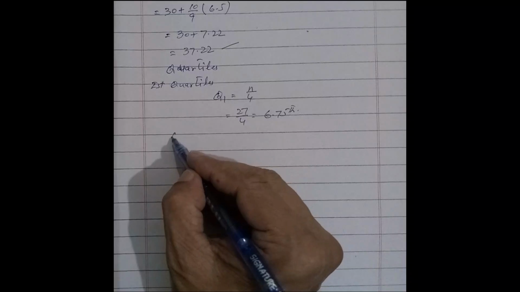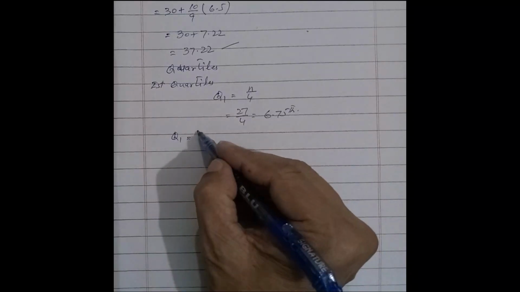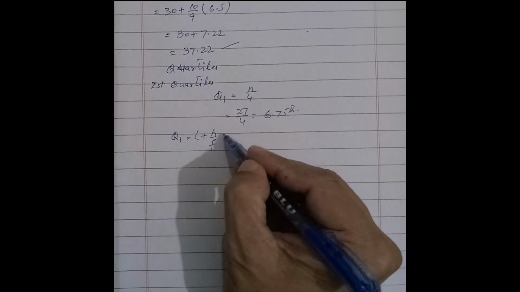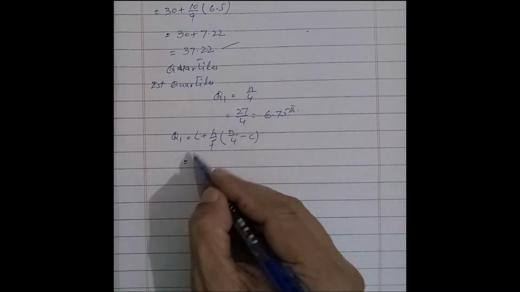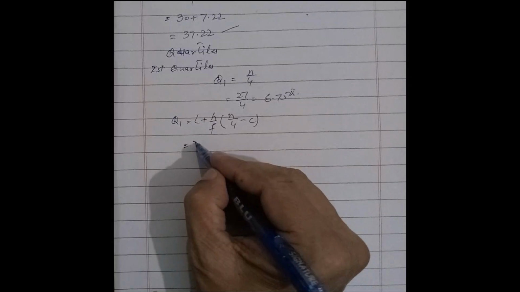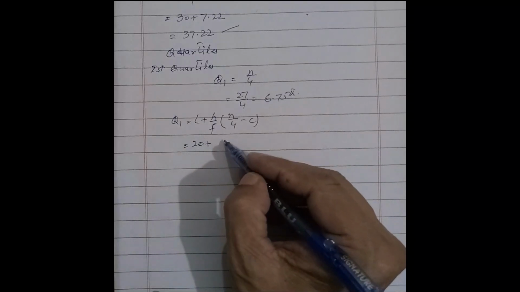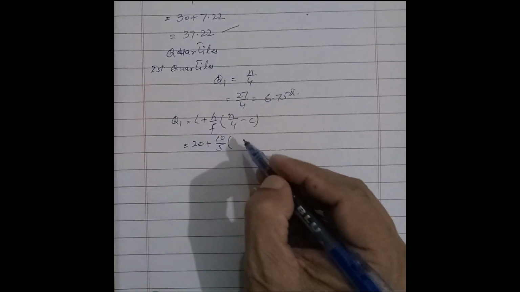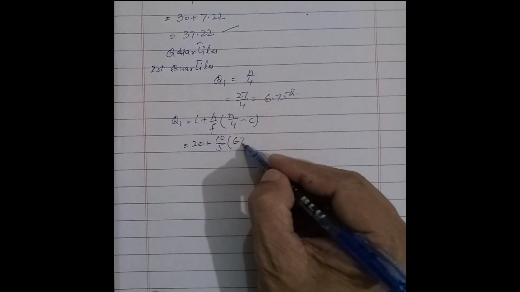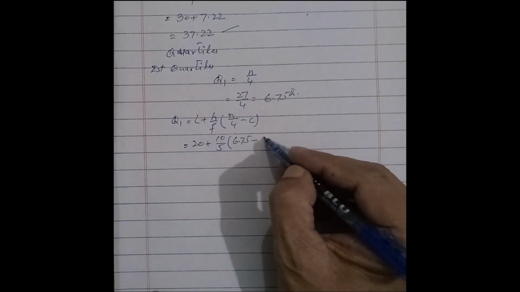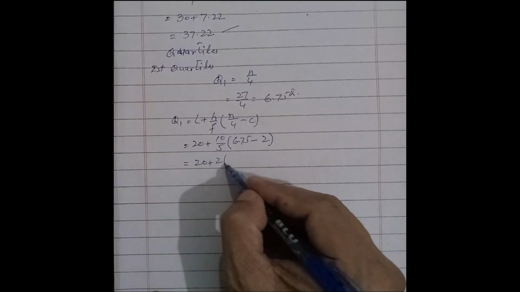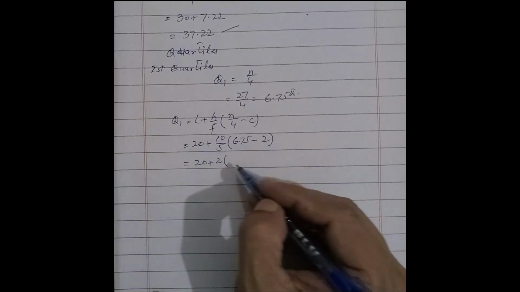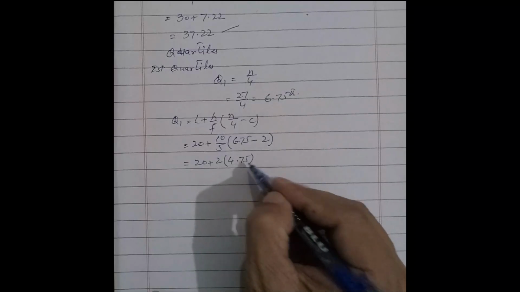The formula is Q1 is equal to L plus H over F into n over 4 minus C. Put the values: 20 plus 10 over 5 into 6.75 minus C, which is 2. Now simplify: 6.75 minus 2, we get 4.75.